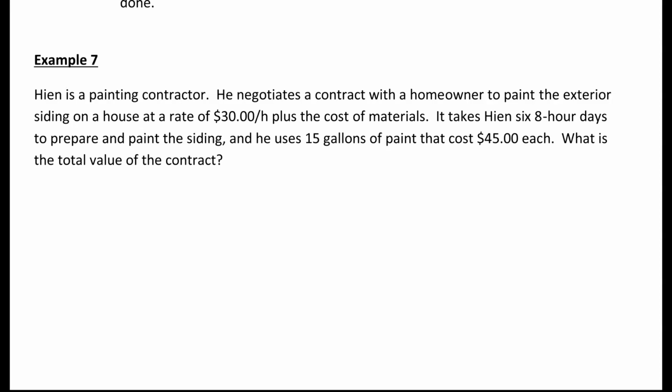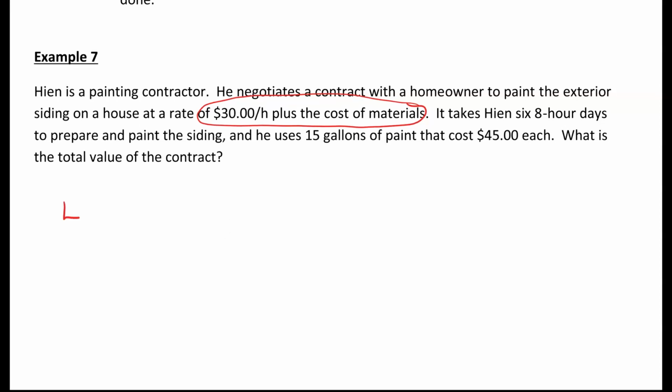Now, with this contract that he has, it says $30 an hour plus the cost of materials. So that means we're going to have 2 parts of this, one being the labor and one being the cost of the materials. We're going to start out first with the labor. So for the labor, it says 6 8-hour days.